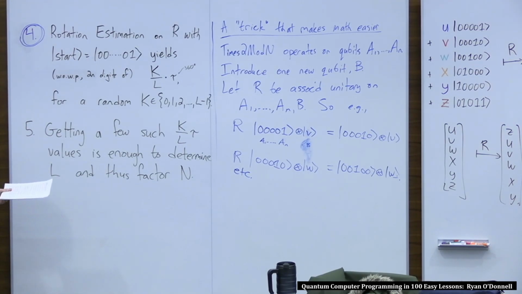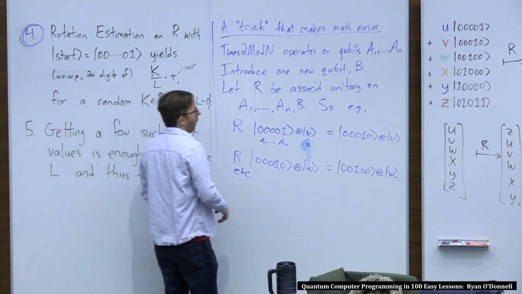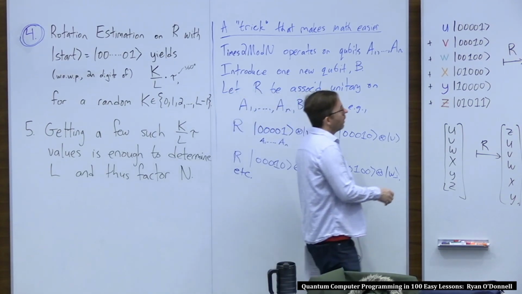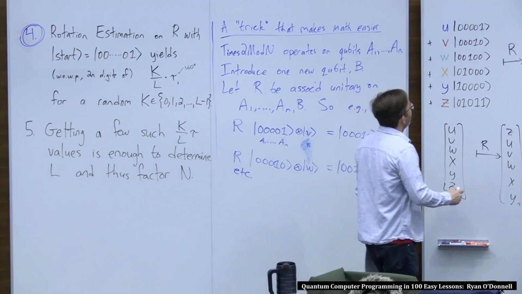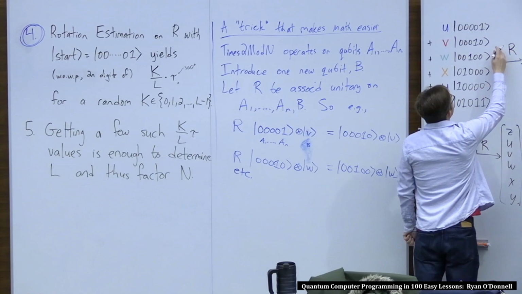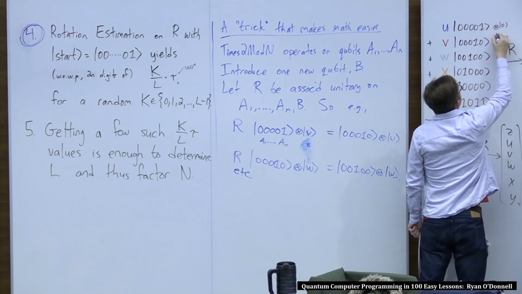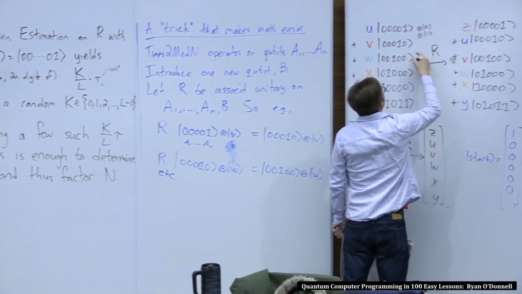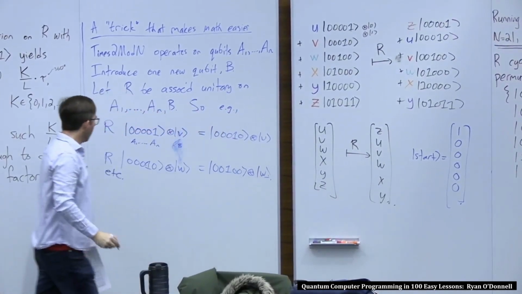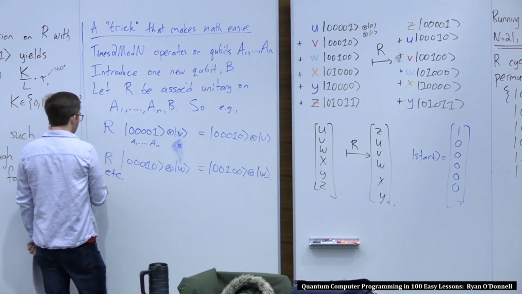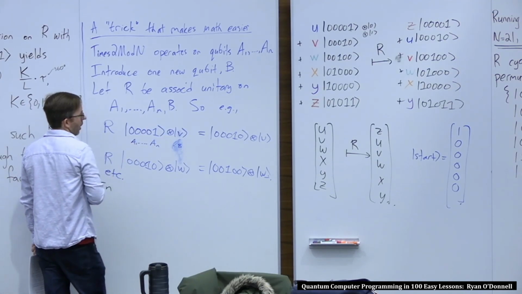OK, so now every state that we'll ever encounter will look like, we could have a 0 here, but we could also have a 1 here, and similarly. So now in the example, we're in 12 dimensions rather than 6.